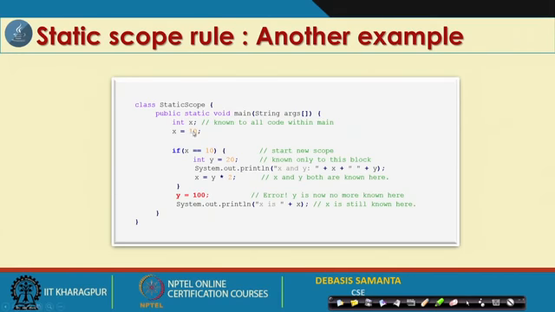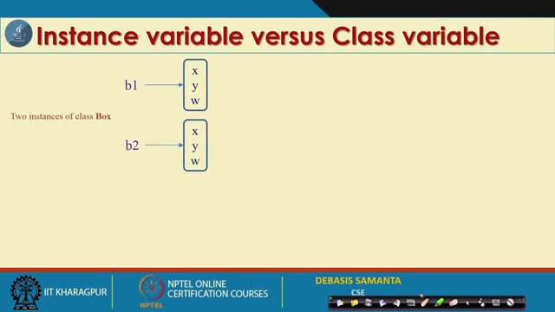Another example. Now let us see another class that we have declared here. Static scope is the name of the class, and in this class we declare one variable x as integer, and x is declared as 20. Now, it is declared within this main method, that means this x has the scope of the entire method.